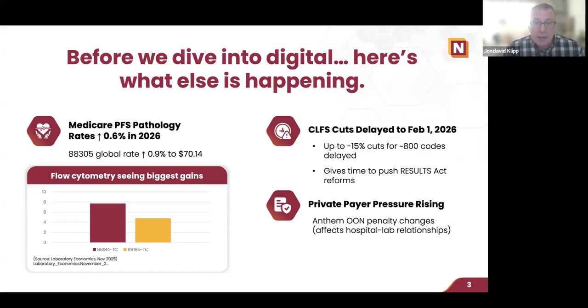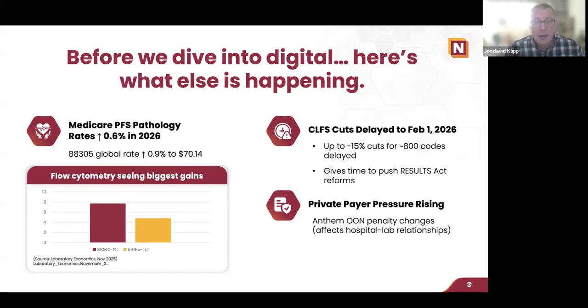And lastly, just in passing, I'll mention that another big piece of news lately has been that Anthem now has plans to institute a 10% penalty on hospitals that use out-of-network laboratories.